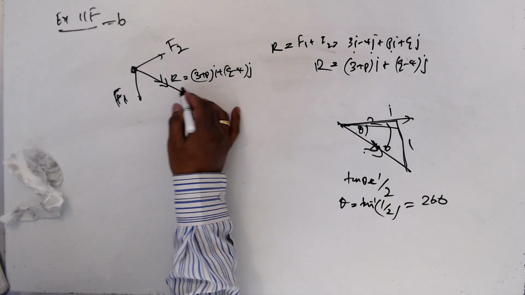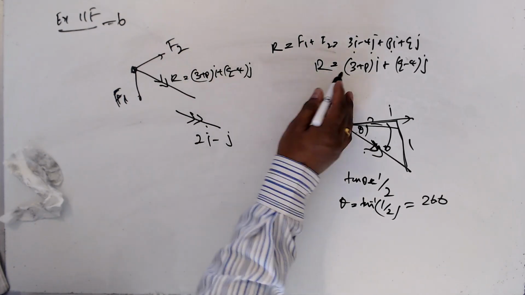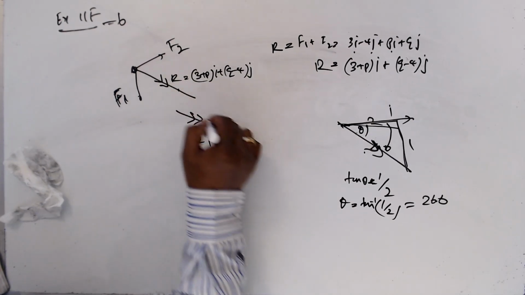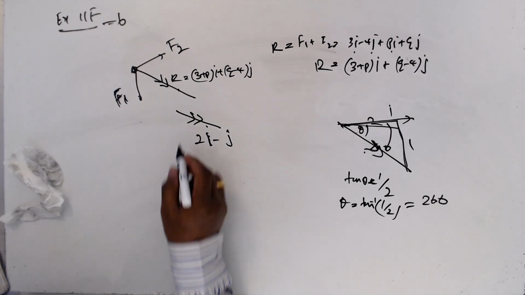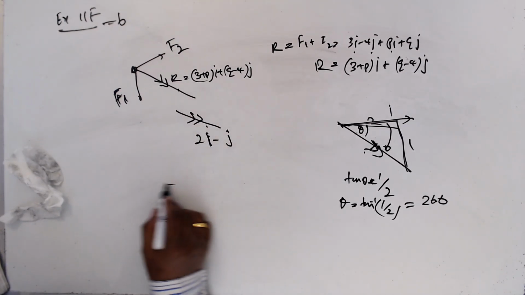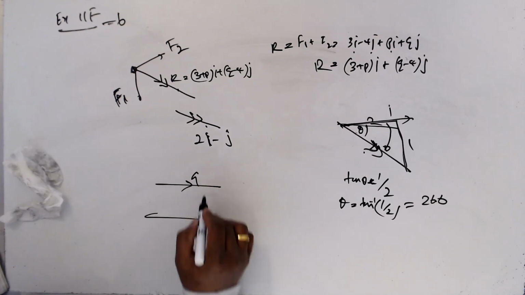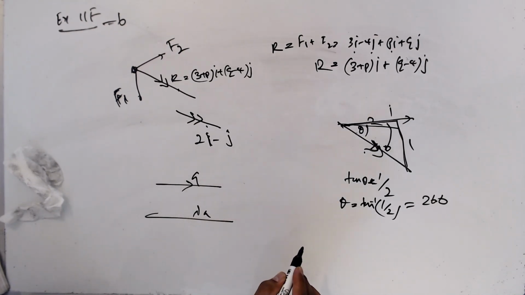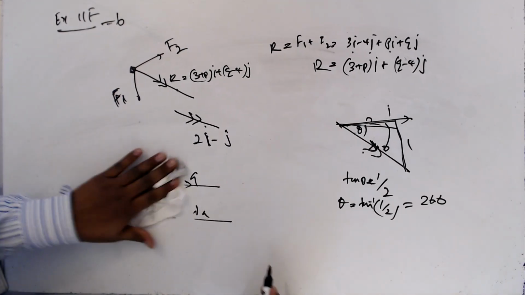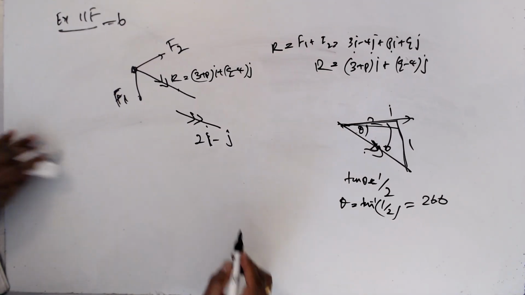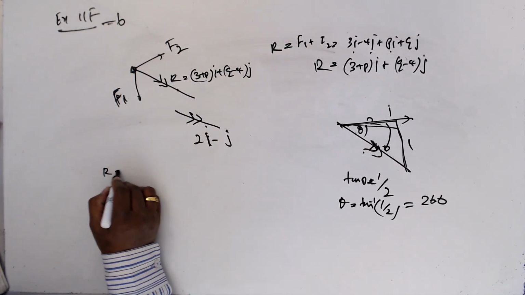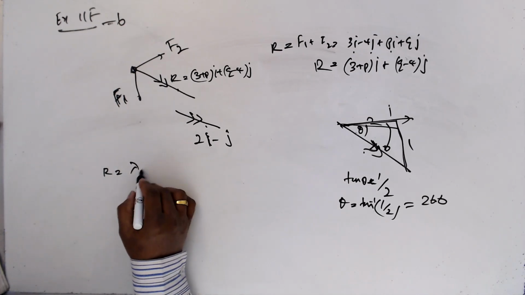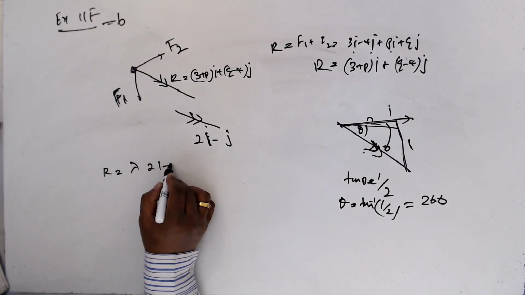Now this is R, and this R is parallel to 2i minus j. If two vectors are parallel, what can you write? If this is A, then you can write lambda times A. So the same concept we are going to use now. R equals lambda times 2i minus j.